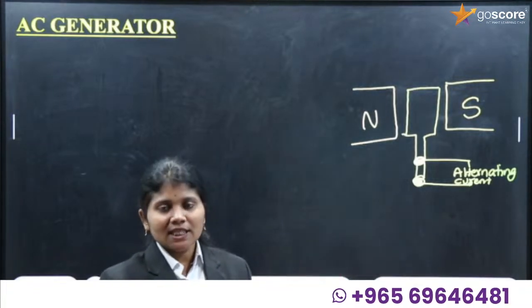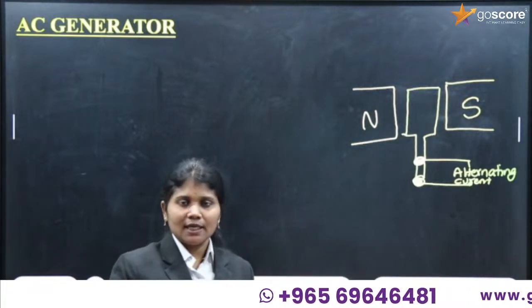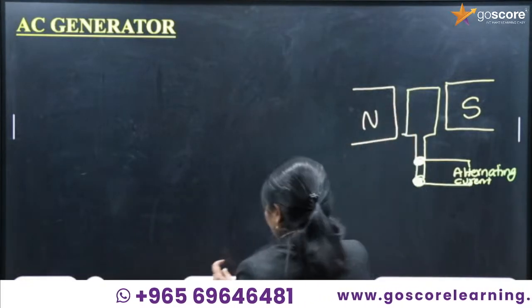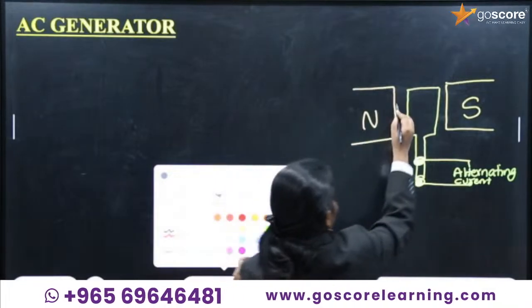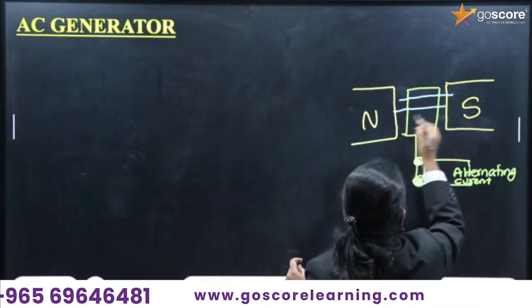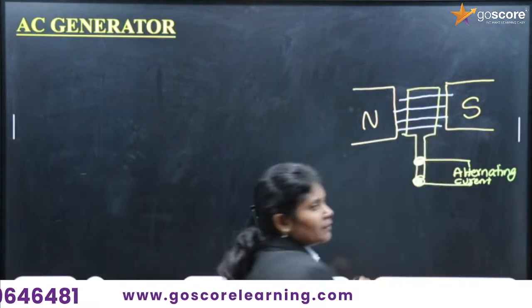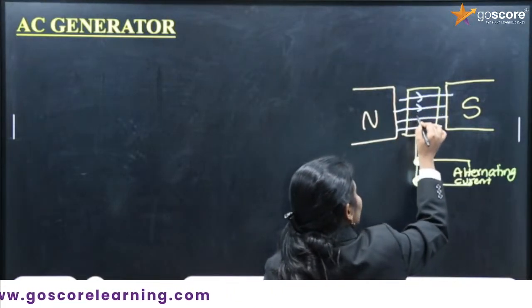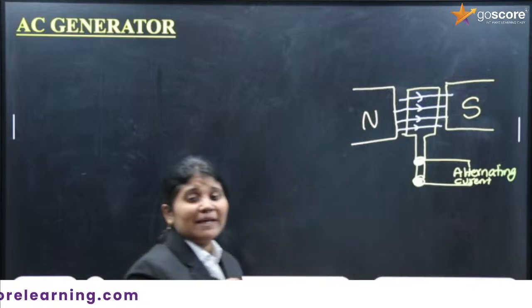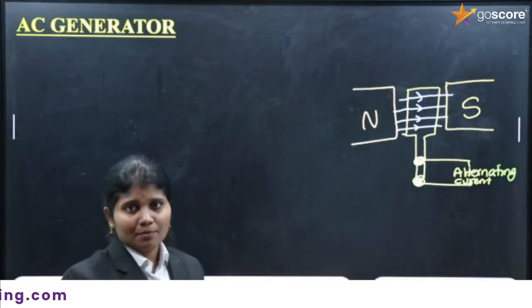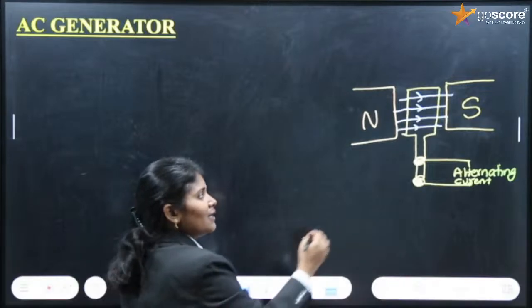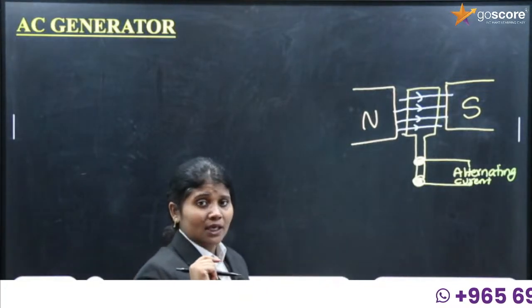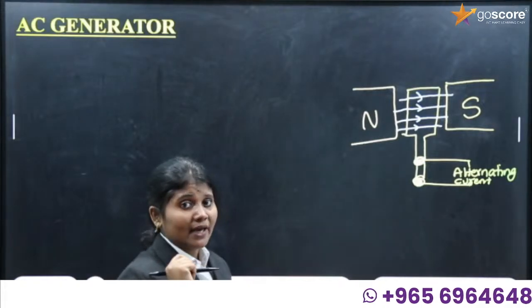According to Faraday's law, change in flux produces EMF. Between the North Pole and South Pole, magnetic field lines pass from North to South. When the magnetic field lines cut the coil, then only EMF will be produced. Here, the change in flux produces the EMF, according to Faraday's law.